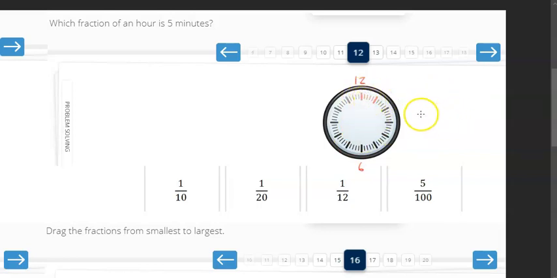Well, we know that if we split this into a fraction, there's always going to be 12 parts. And the amount that has been colored in from first to second is just one. There's only one chunk out of the 12 possible chunks that are colored in. So in this case, our answer is 1/12.